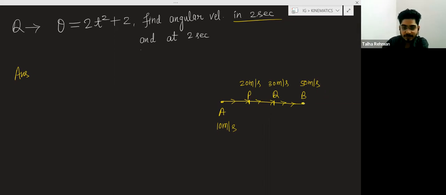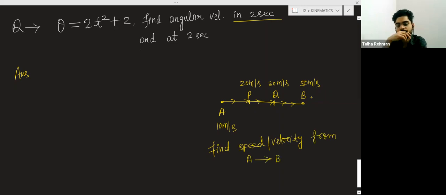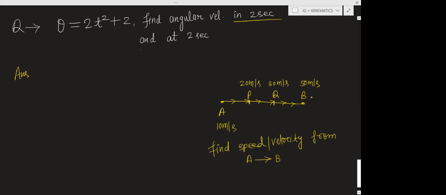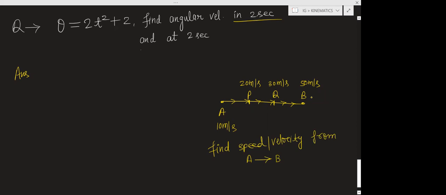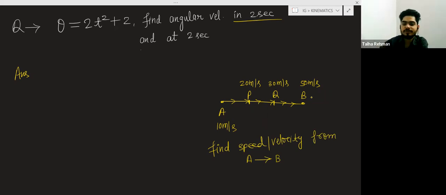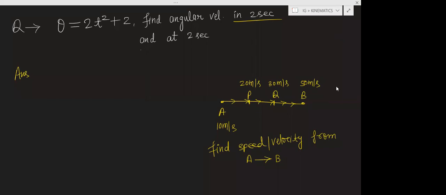If I am asking to find the speed, or you can say velocity, from A to B, you subtract 50 minus 10, then you get 40.